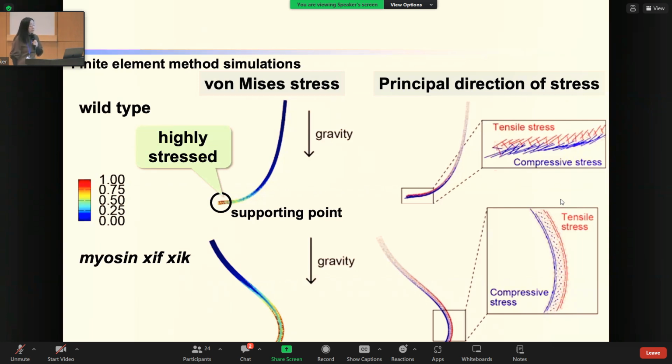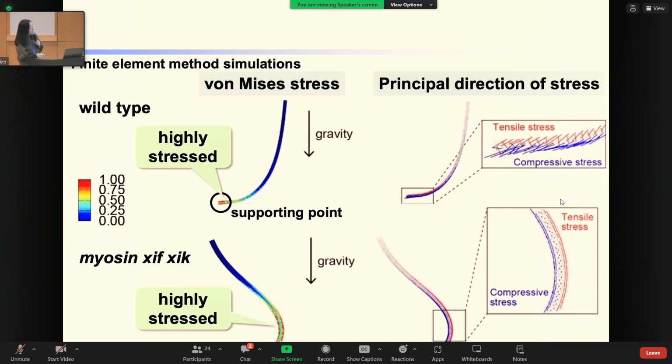On the other hand, in the mutant, the highly stressed region was displaced away from the supporting point. The middle region of the stem showed an inverted stress profile, with tensile stress in the right flank, initially a compressed region, and compressive stress in the left flank, initially a tensioned region.